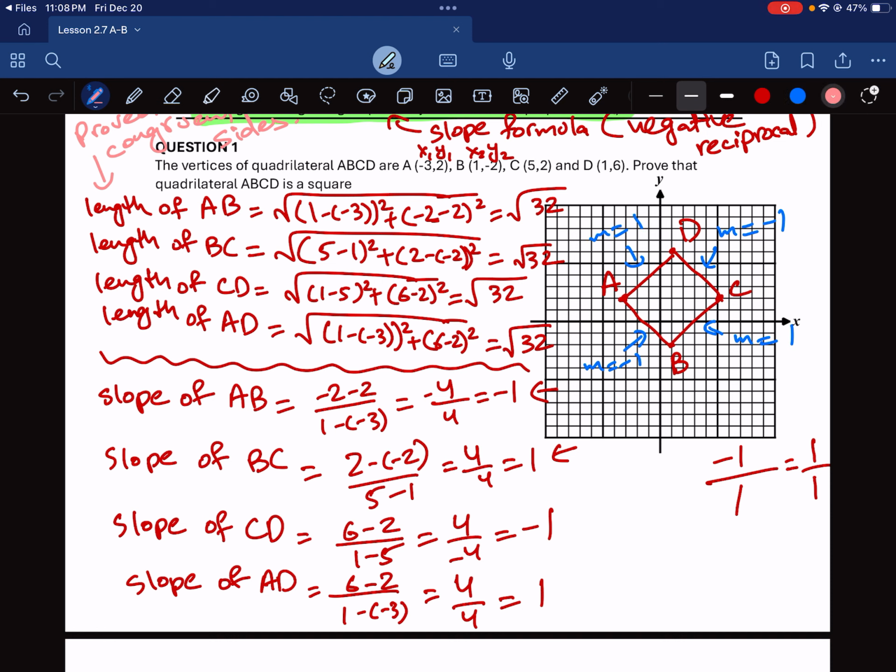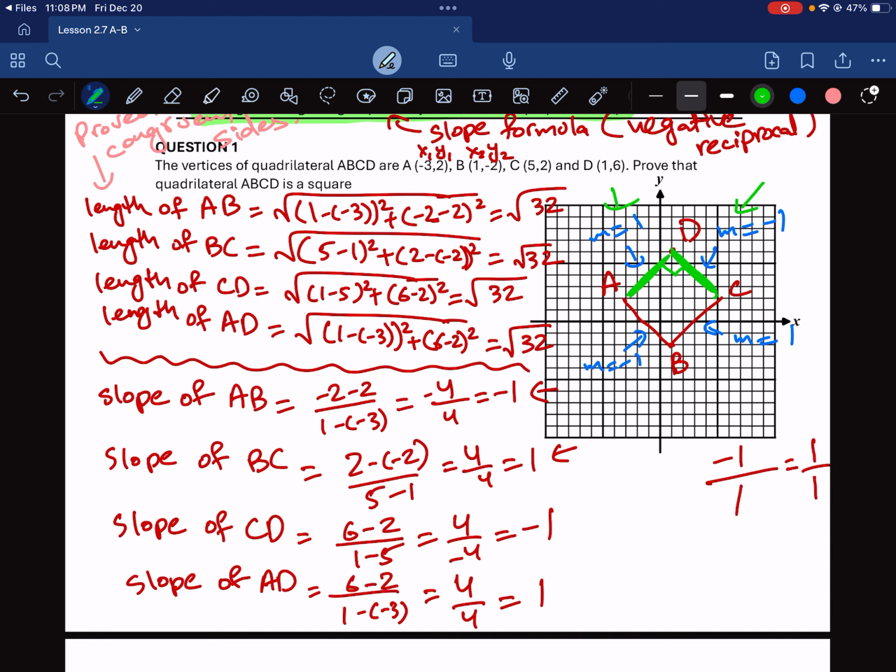If you look at the numbers, any two sides that are right next to each other, for example AD and DC, have negative reciprocal slopes of each other, and that's what we wanted. Therefore, the angle has to be a right angle.